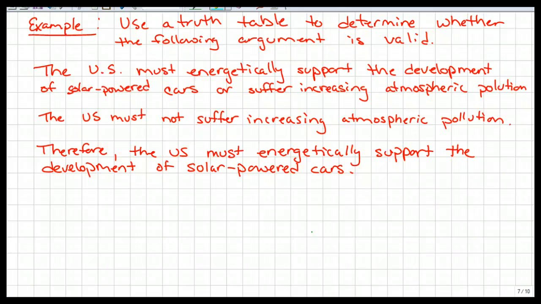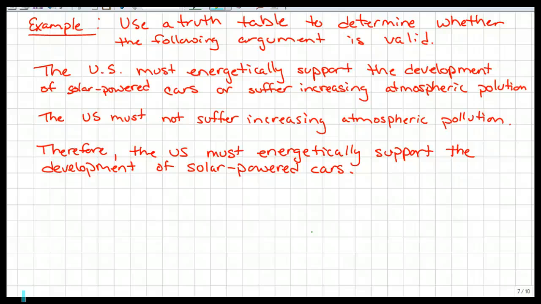Okay, so this one is an example from the book. There are 3 statements here. It says the U.S. must energetically support the development of solar-powered cars or suffer increasing atmospheric pollution. The second one says the U.S. must not suffer increasing atmospheric pollution.